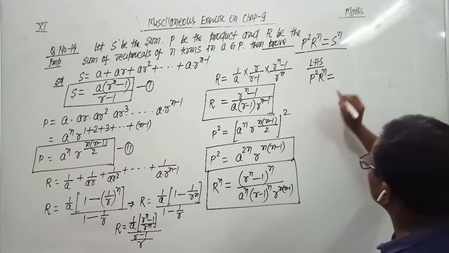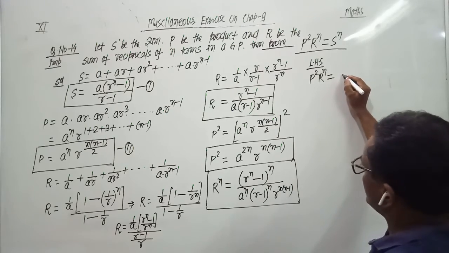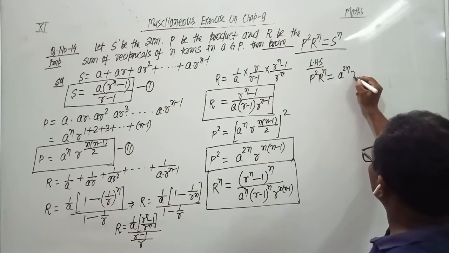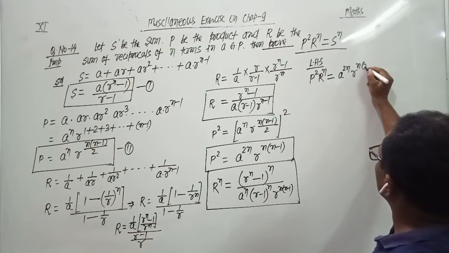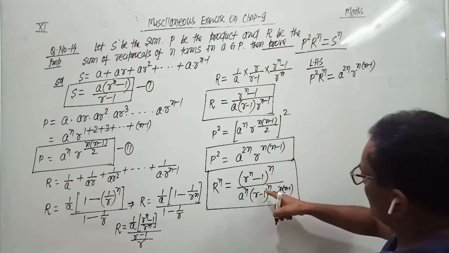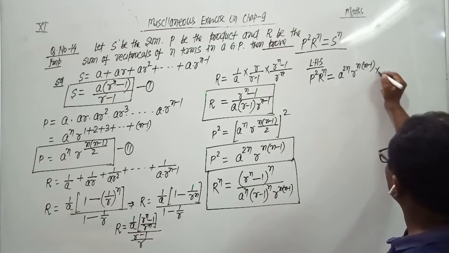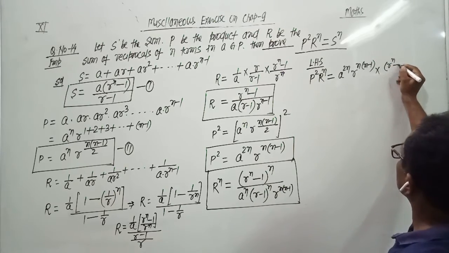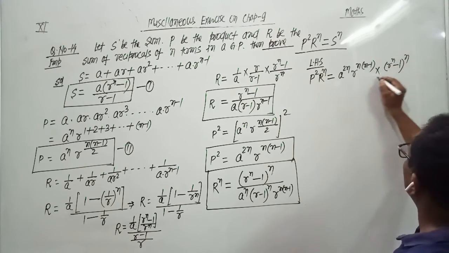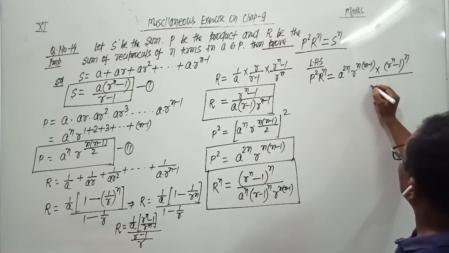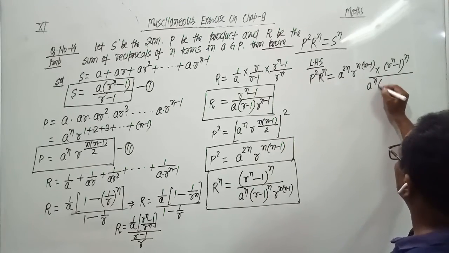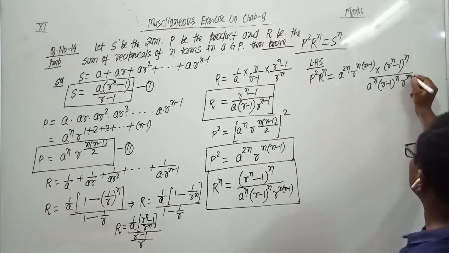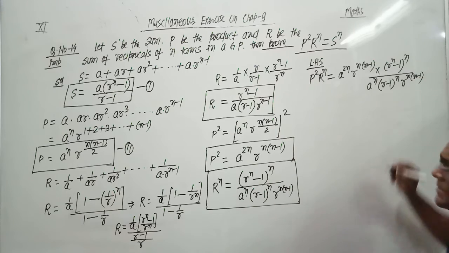The value of p square is a raised to the power 2n into r raised to the power n into n minus 1, and the value of r raised to the power n is r raised to the power n minus 1 whole raised to the power n upon a raised to the power n into r minus 1 raised to the power n and r raised to the power n into n minus 1.